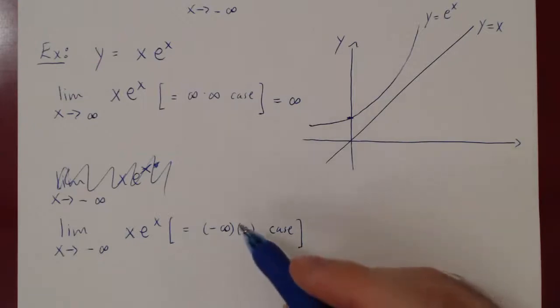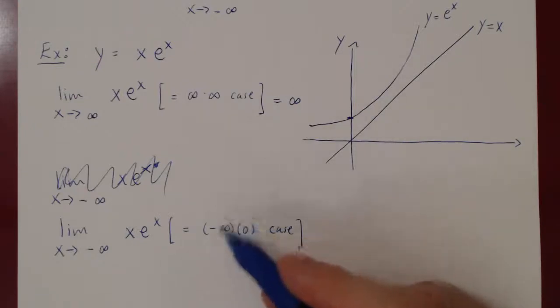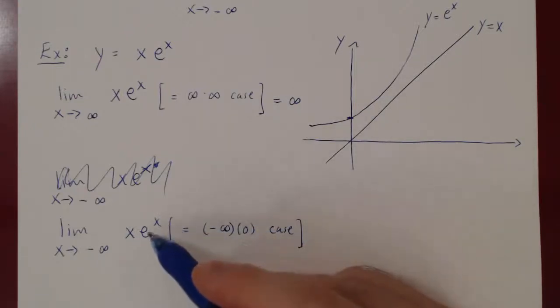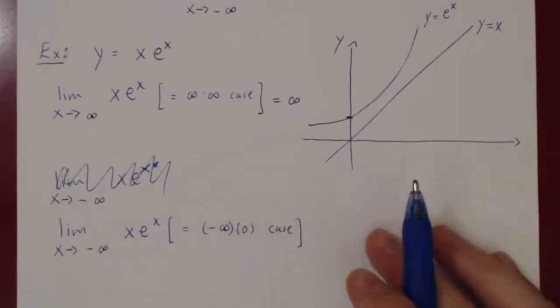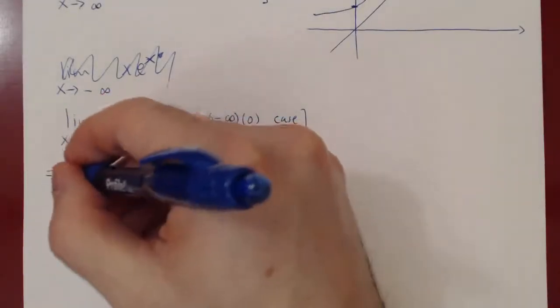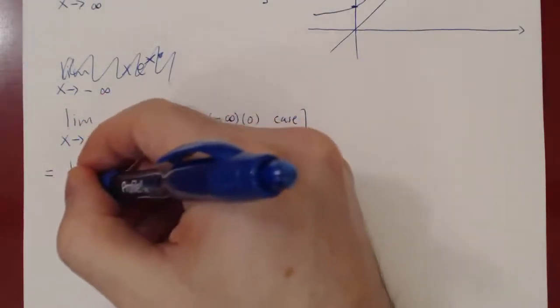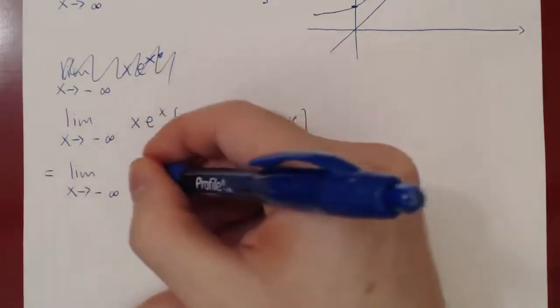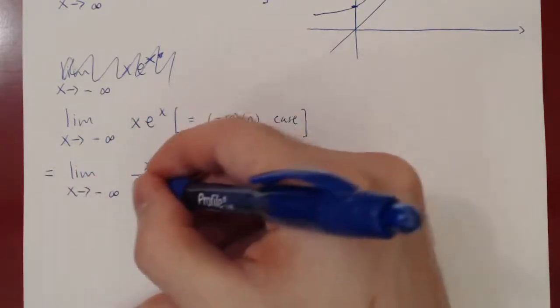If you remember here, we can turn this into a L'Hopital's rule problem. If we send one of these terms to the denominator, and we'll send e to the x down, let's see what we get. If we send e to the x to the denominator, it will become e to the negative x.